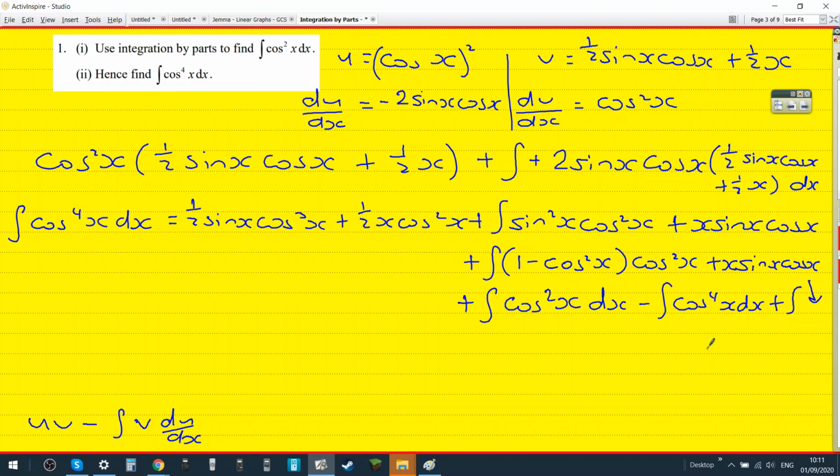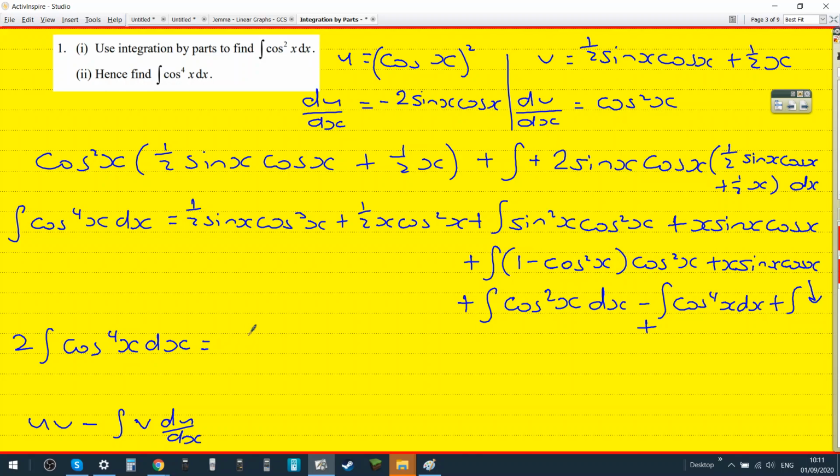Oh, then you could add the cos to the 4x to the other side. So then you'd have 2 cos to the 4x dx. Or you could just divide the other side by 2.